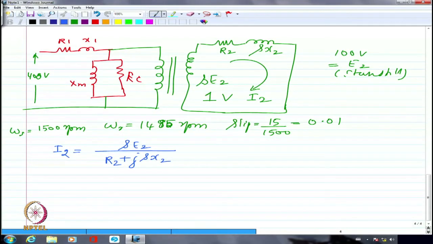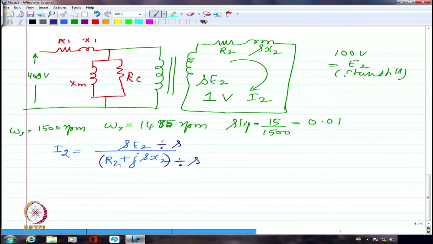I have just written the rotor impedance, as simple as that. Short circuited, so I don't have anything else. Right. Let me divide the numerator as well as denominator by S. So I can write this as E2 divided by R2 by S plus jX2.